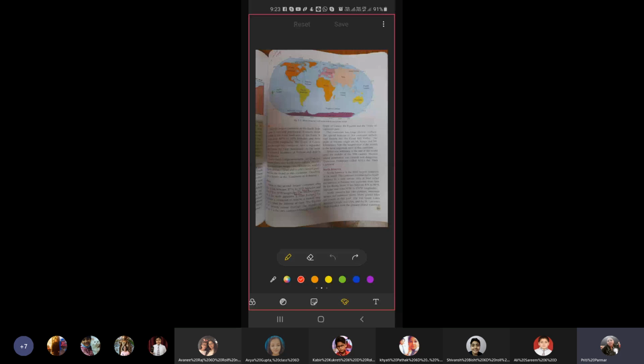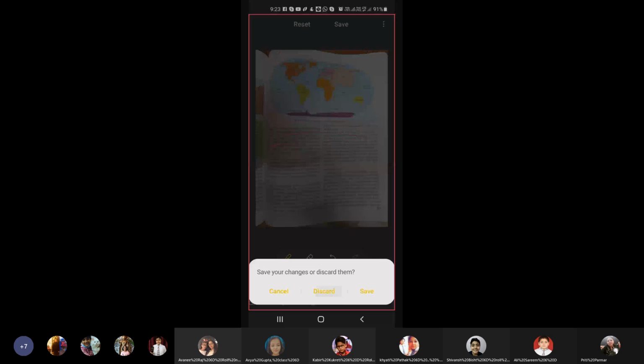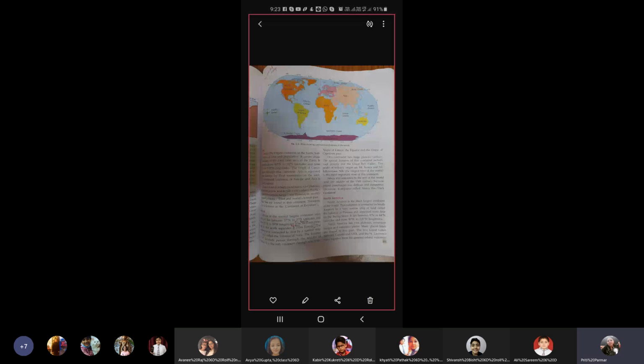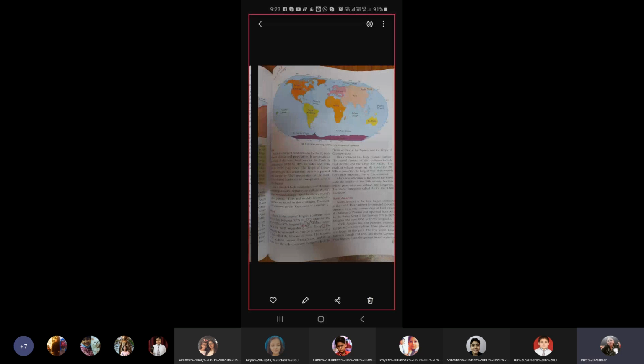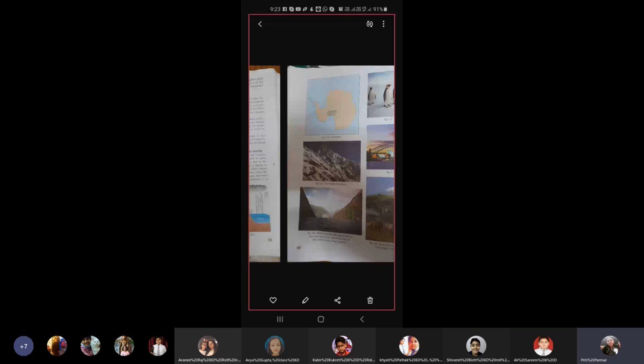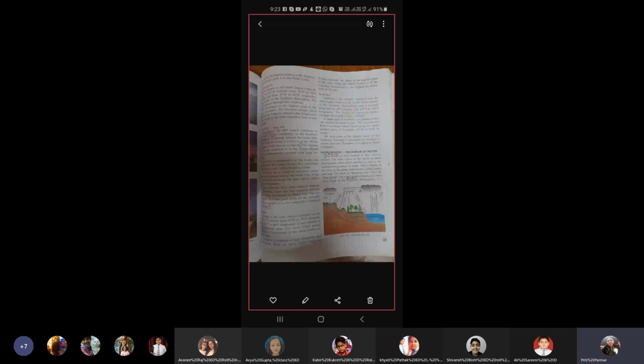Then we talk of the oceans, and we came to know that 71% of the Earth's surface is covered with oceans.